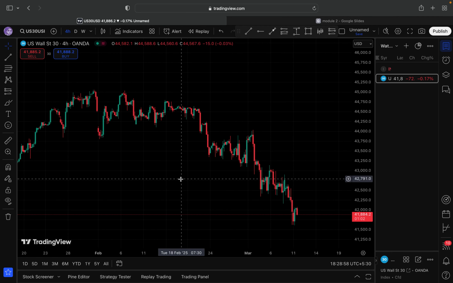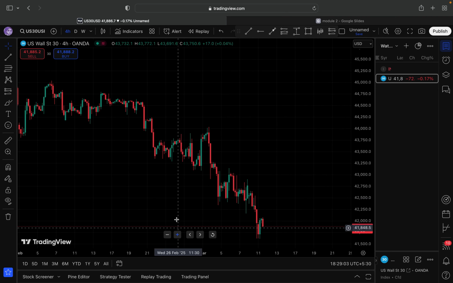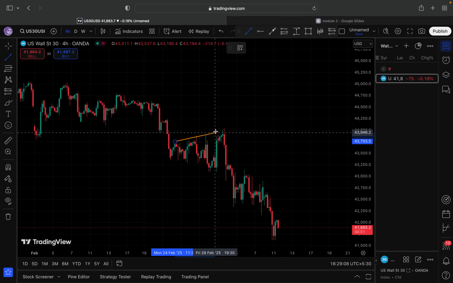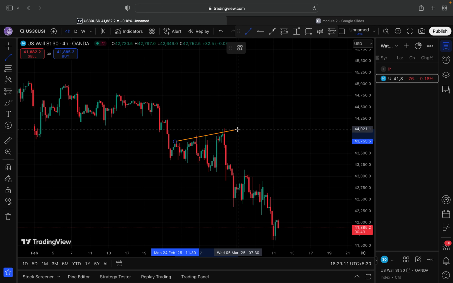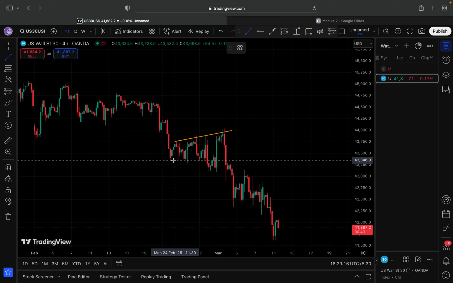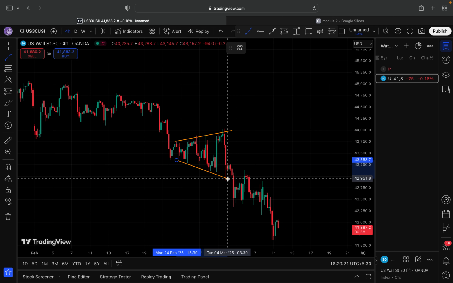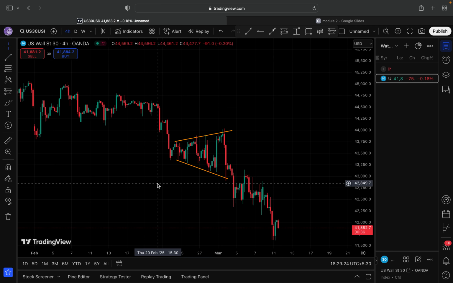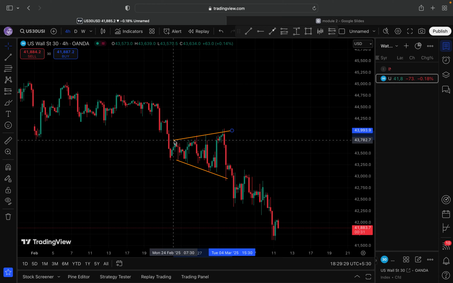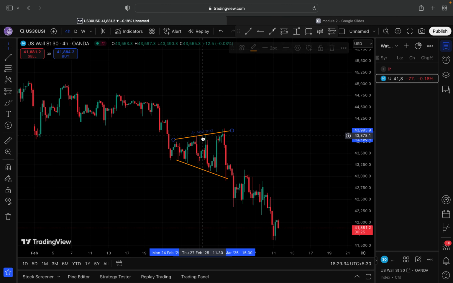Now, as you can see here, this was a double and even a triple top. Let me outline it now. This is it. This trade was a clean trade. Now guys, I want you to remember when drawing your trend line, your lines have to be at the wick.